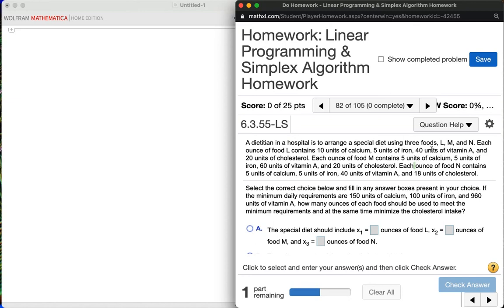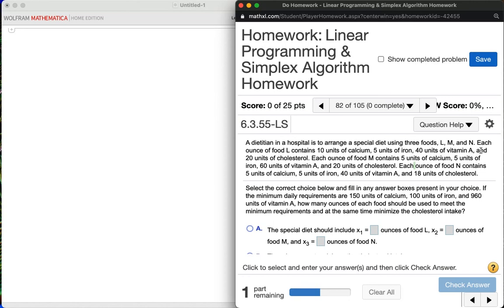The problem reads: a dietitian in a hospital is to arrange a special diet using 3 foods labeled L, M, and N. Each ounce of food L contains 10 units of calcium, 5 units of iron, 40 units of vitamin A, and 20 units of cholesterol.